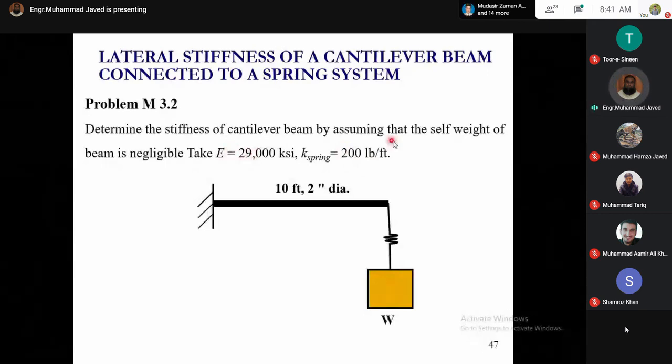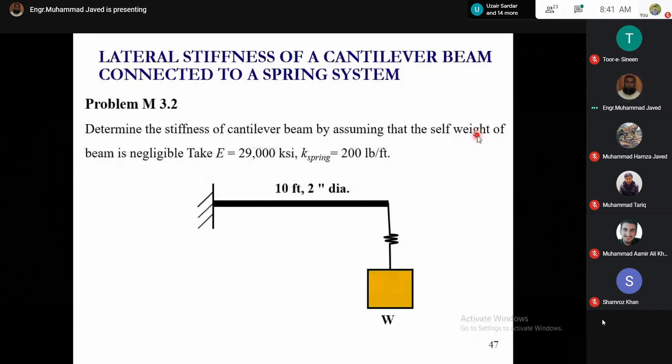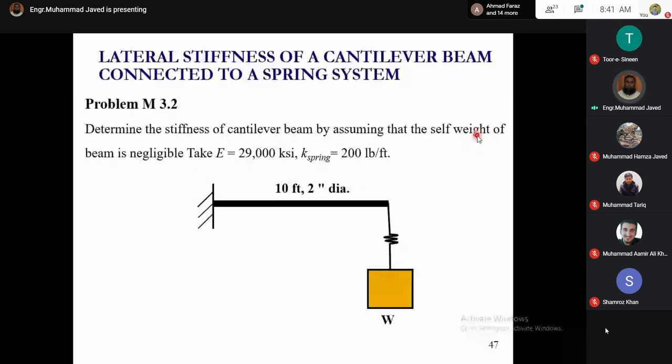Ignore the self weight of the beam and calculate the stiffness of this structural system. So the first step again is to decide whether this is an example of springs connected in series or parallel. Since this is an example of springs connected in series, therefore we will use the equation which was derived for calculating the equivalent stiffness of the springs connected in series.